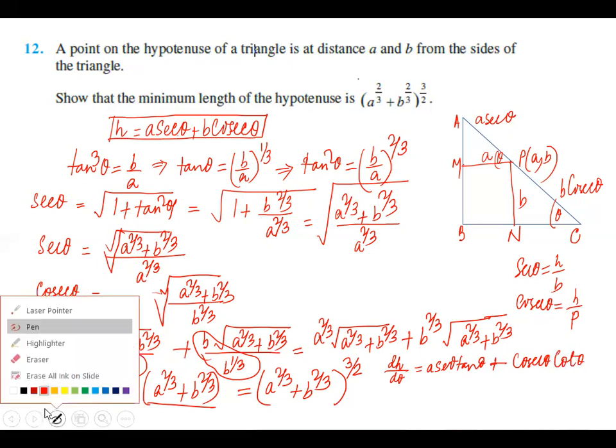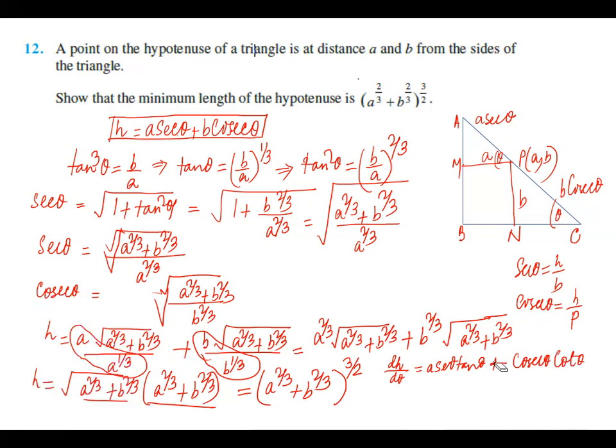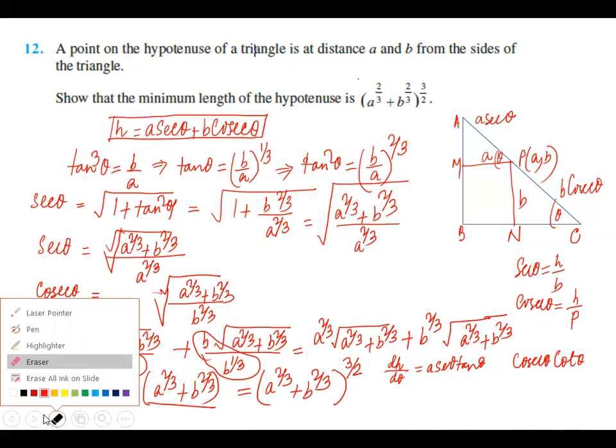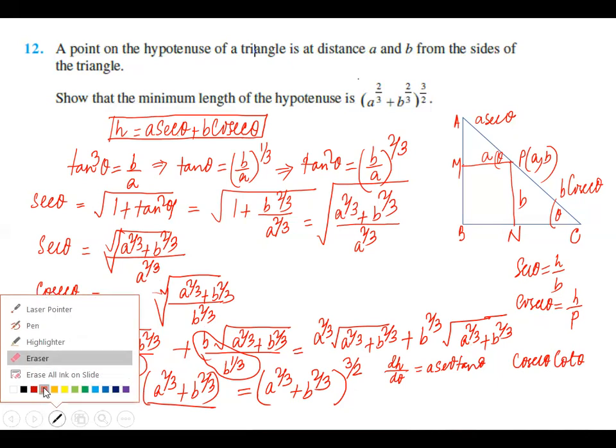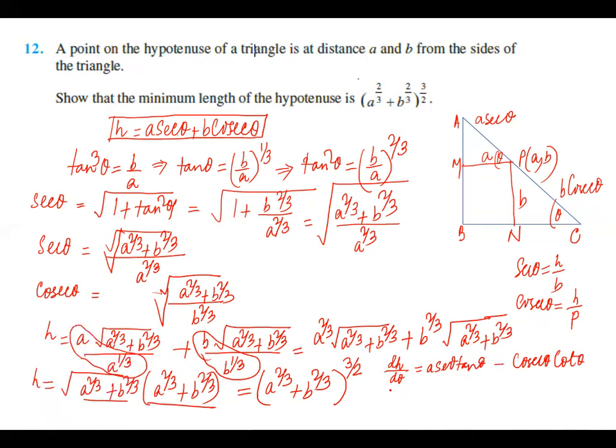This was minus. Now its derivative will be positive, because here this is positive and theta is the acute angle here. So it will be a sec theta into tan theta. By product rule we can get a sec theta tan square theta.